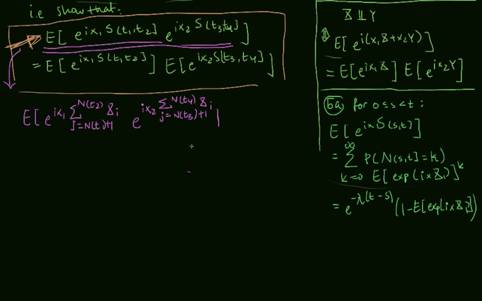Since we're working with a Poisson process and it has independent increments, it's a smart idea if we condition not on N of t1, N of t2, N of t3, N of t4, but instead on N of t1 and then the increment N of t1 to t2, and then the increment from t2 to t3, and then the increment from t3 to t4.